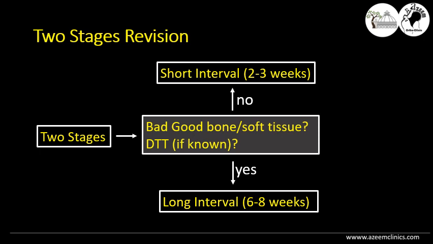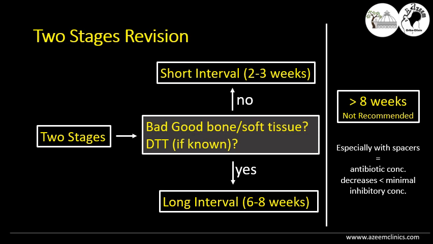The long duration means that you will wait for about 2 months for the second session. It's now not advised to wait for more than 8 weeks, as it has been proven that it's useless, especially with spacers, as the antibiotic concentration decreases to a minimal level below the inhibitory concentration.